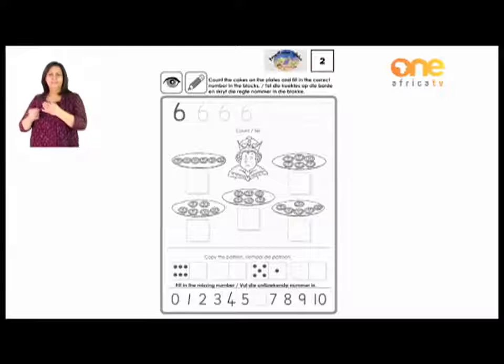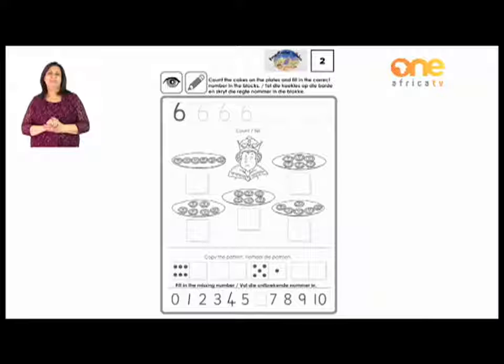Once we are done, let's count and find out how many cookies or how many cakes the queen baked today. We have to count. Let's count. 1, 2, 3, 4, 5, 6.